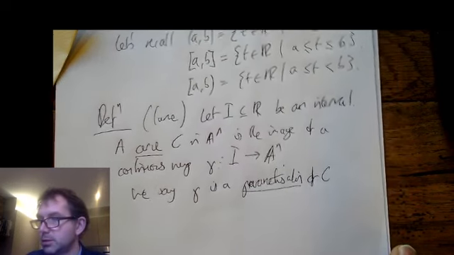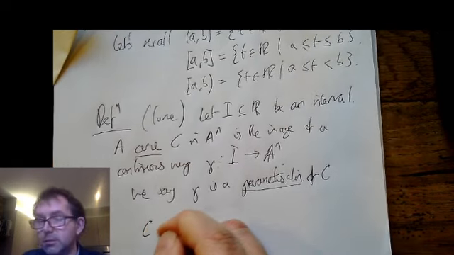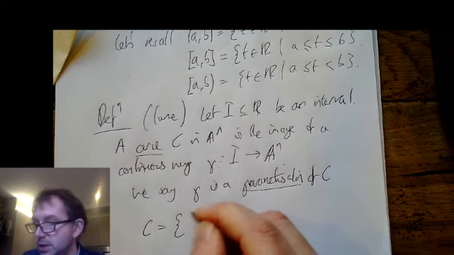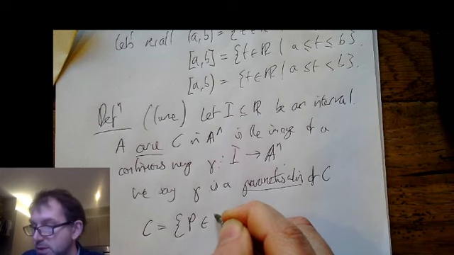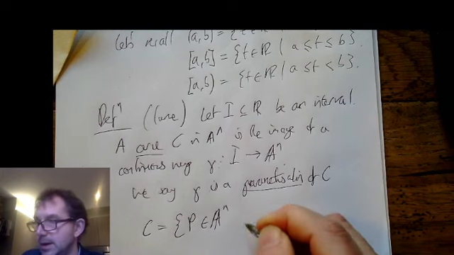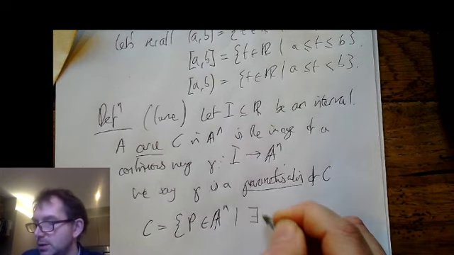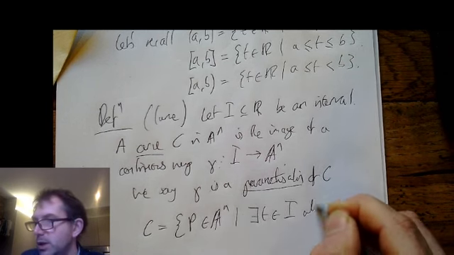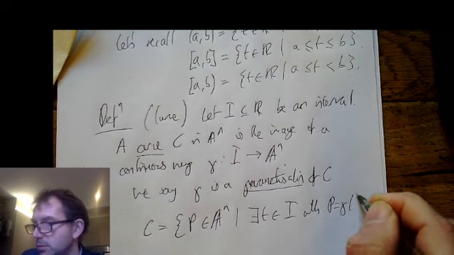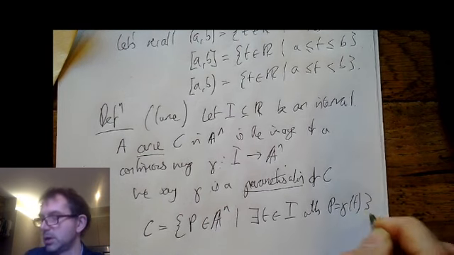And here, just to unpack the definition, what we're saying is that C is the set of points P in A^n such that there exists a t in our interval with P being equal to gamma of t.